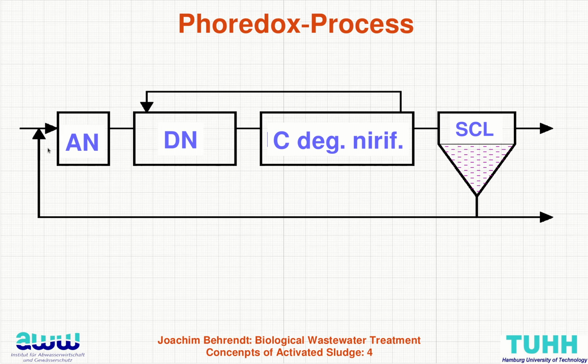The other disadvantage is that, of course, with the return sludge we are bringing back also nitrate. And nitrate in the anaerobic tank is also not of advantage because finally the bacteria would use first the nitrate and can grow.